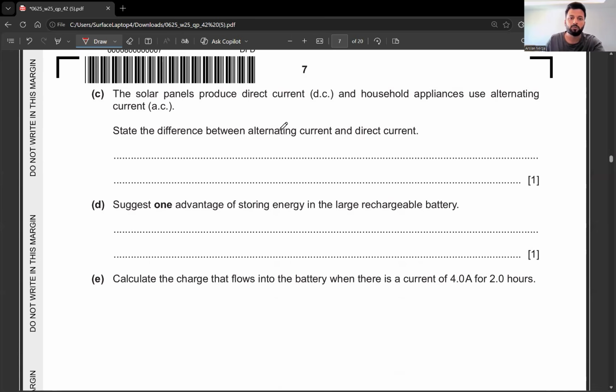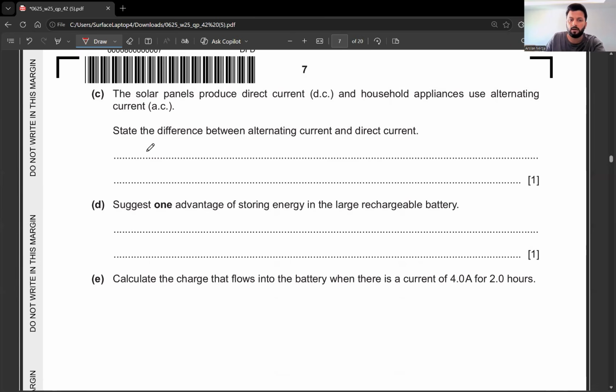The solar panel produces direct current and household appliances use alternating current. State the difference between alternating current and direct current. In the house, electricity, we use alternating current. Alter means change. Direct means no change.